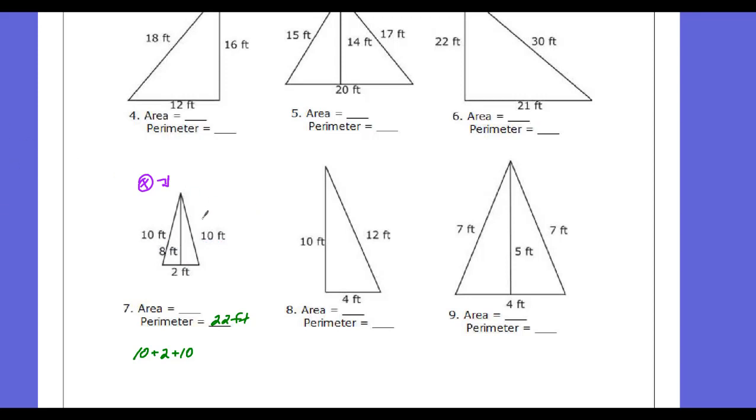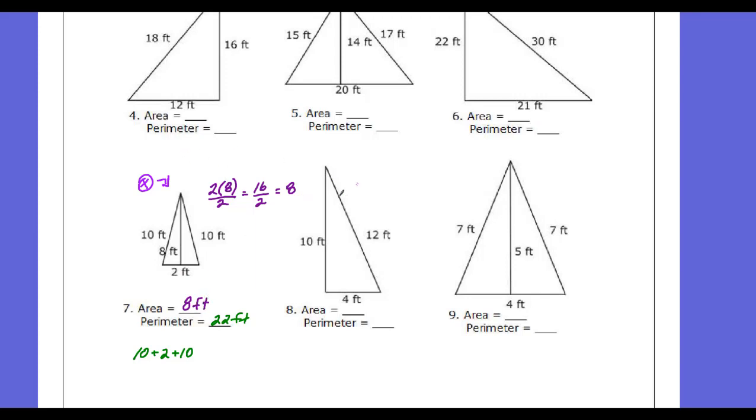For this one, the area will be the 2 feet times the 8 feet, the base times the height, and divide that by 2, which will be 16 divided by 2, which will be 8. We have an area of 8 square feet.